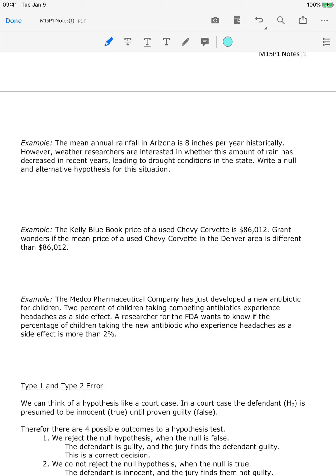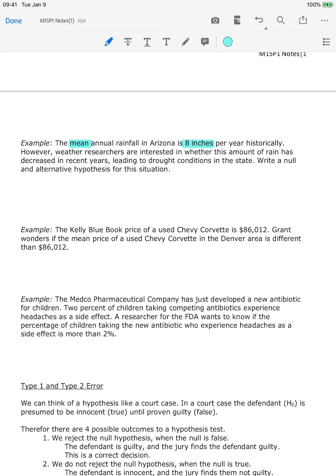So the first thing is we see the word mean. So that means we're testing a mean, which means our parameter is going to be mu. And then historically, that value is equal to 8 inches. Okay, so like I said, the value for the null is going to come from prior research, another study, what's been observed in the past, various things like that.